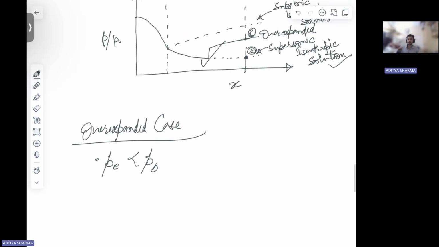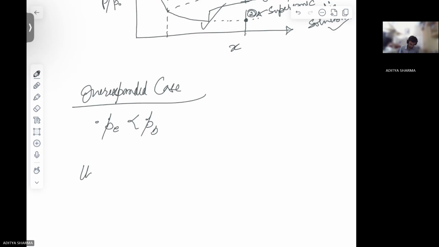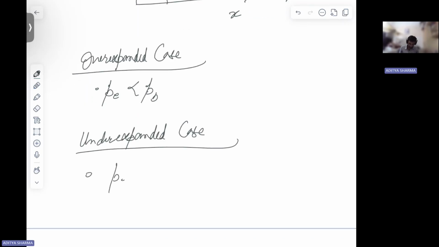Now if you further reduce the back pressure below point 2, what will happen to your exit pressure? Your exit pressure is such that it is still greater than your back pressure, which means the static pressure of your flow is higher than the back pressure, so there is still some scope of expansion in the flow.